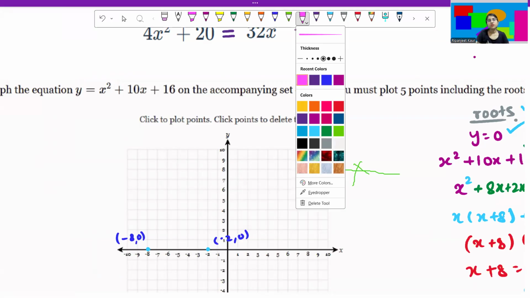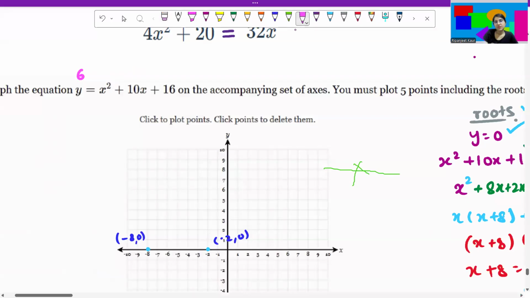Okay. So what value of y would you like to plug in over here? 6. Okay. So if we are having 6, that means it will become x square plus 10x plus 16 minus 6 equivalent to 0. Right? This would have been the equation.